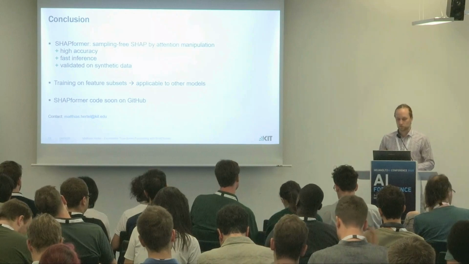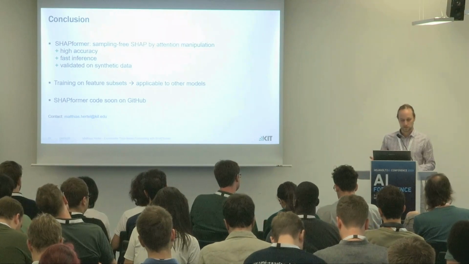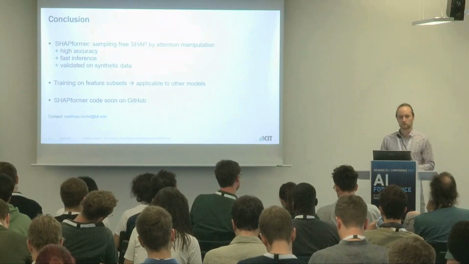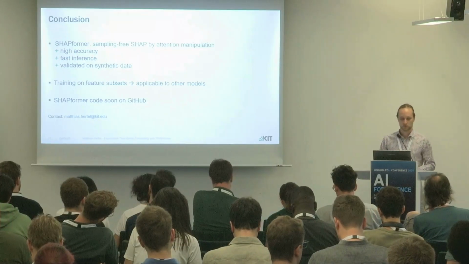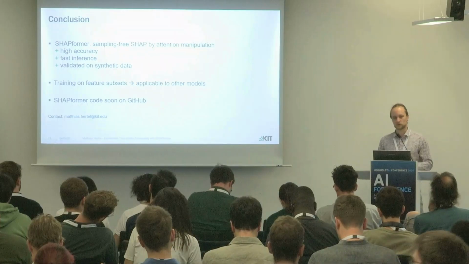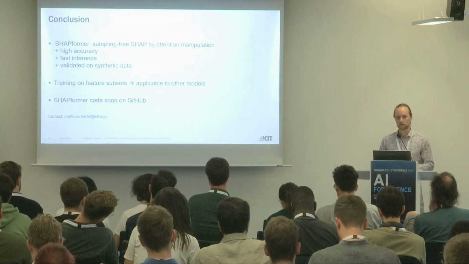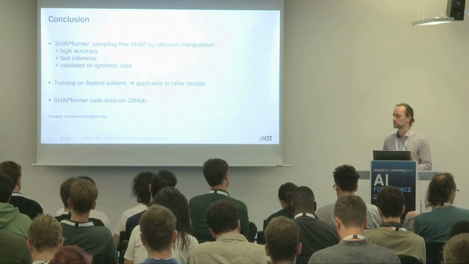If you have a lot more feature groups than I did, it might no longer be feasible to iterate over all feature group subsets, but you can do something similar like the permutation explainer, which only runs on a subset of these feature groups, and then it would be even faster.